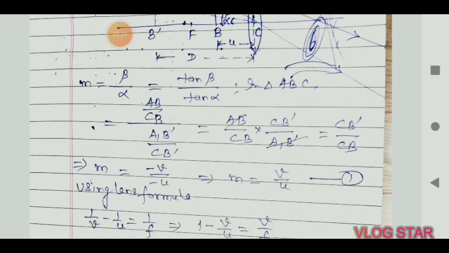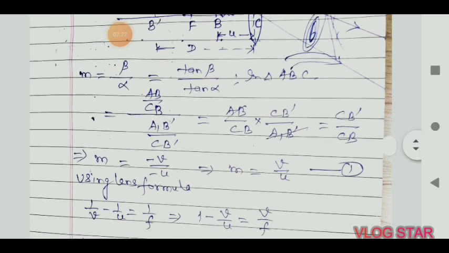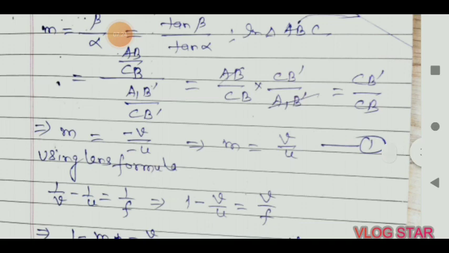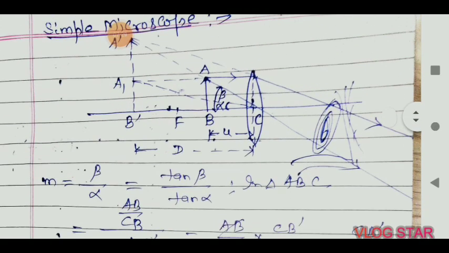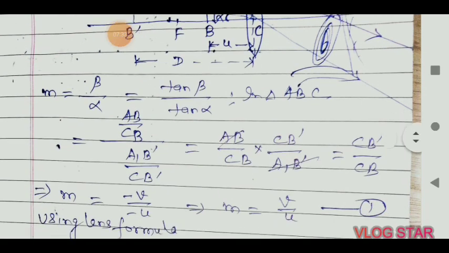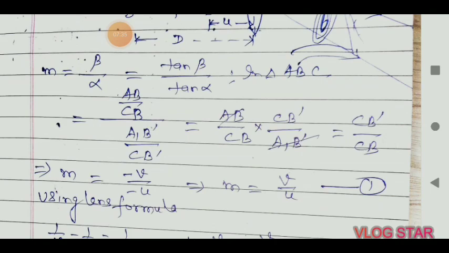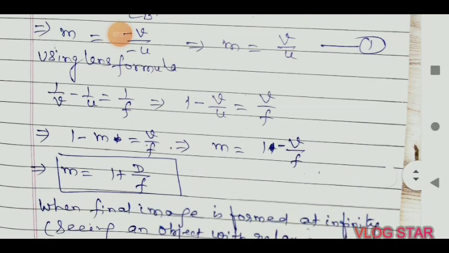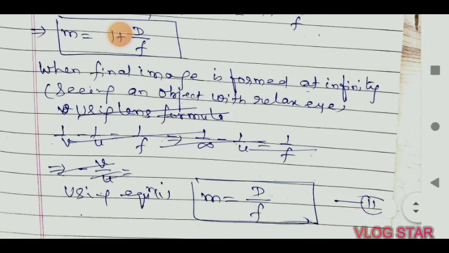In place of u, you may write f, where the object's position is f. And in that case the distance of the image, v, will be equal to d. So in that case magnification will be d by f.